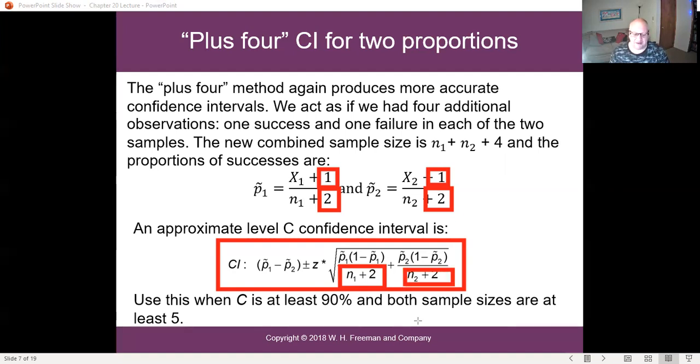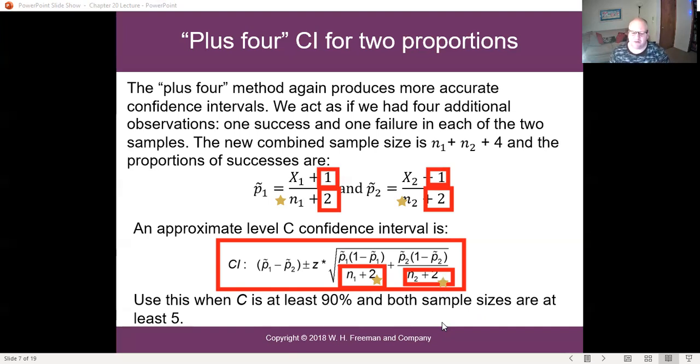And that's like that because of this and this. That's the reason why. So just remember that that's the only difference that you see between the p hat confidence interval and the p tilde confidence interval, is these denominators have the plus 2 in them as well. And don't forget that you're figuring out p tilde 1 and p tilde 2 using that little extra plus 4 method with the 1 on top and the 2 on bottom.